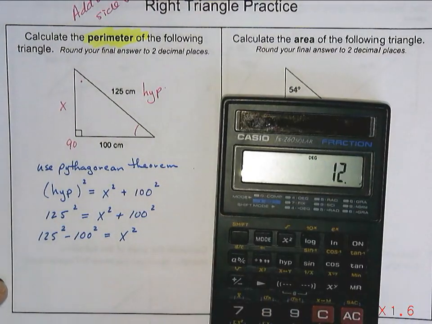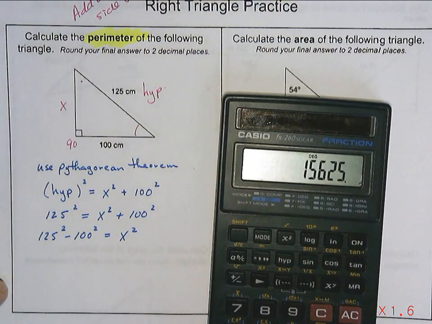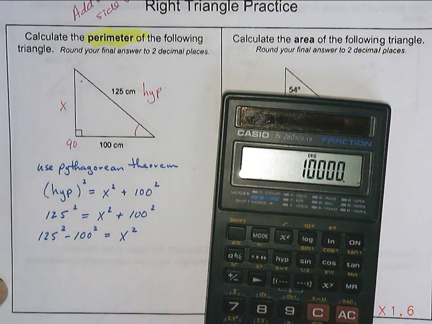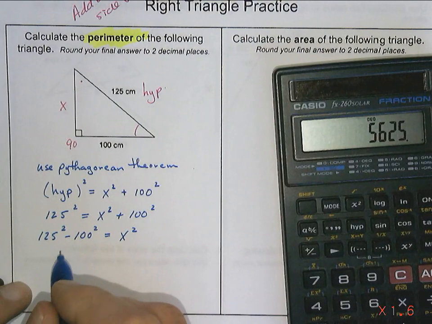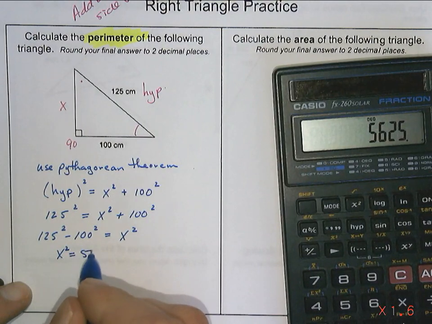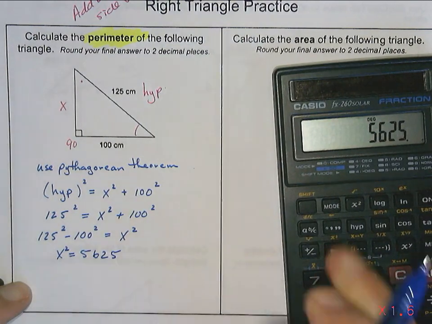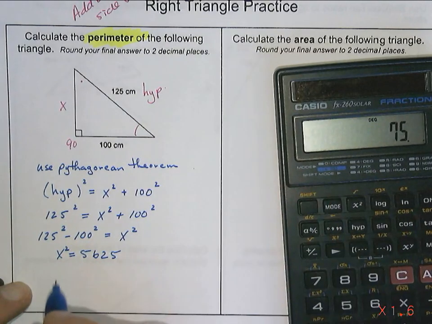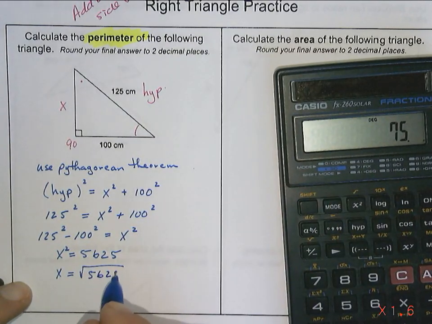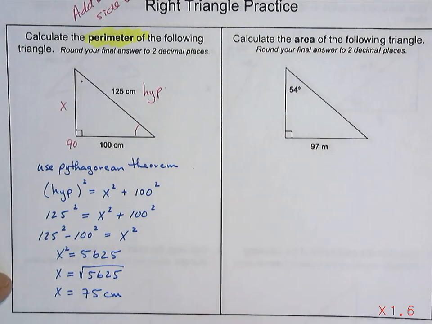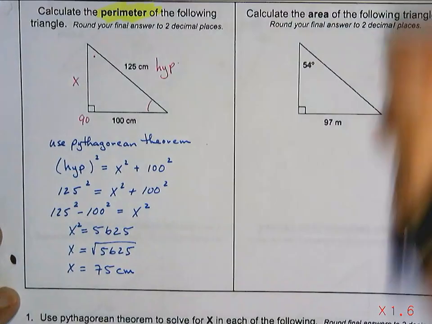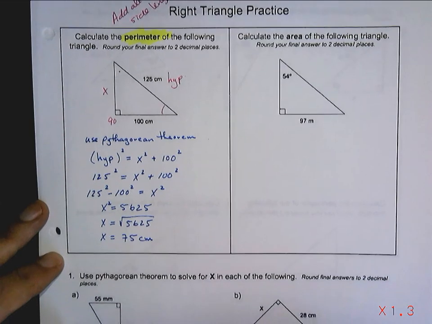So 125 squared, subtract 100 squared, equals x squared equals 5,625 square rooted, x equals 75 meters.